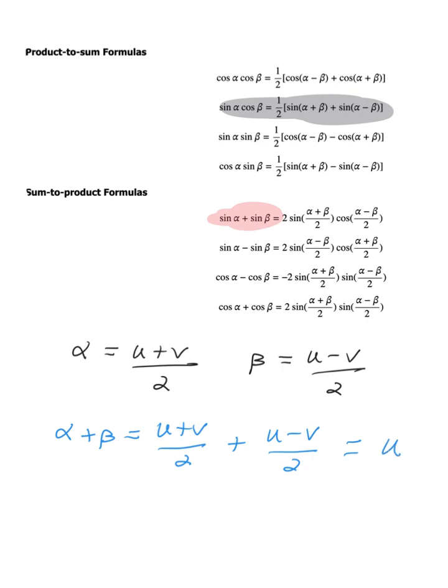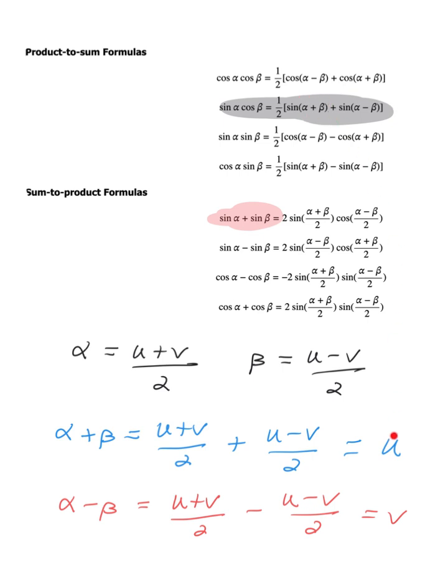And likewise, if you have alpha minus beta, which is equal to u plus v over 2 minus u minus v over 2, something very similar happens. This time the u over 2's cancel, but we'll end up with a 2v over 2, which is equal to v.